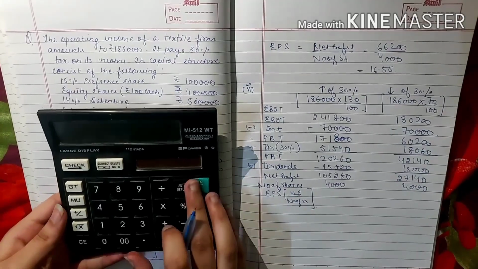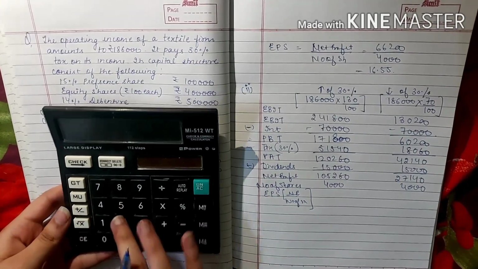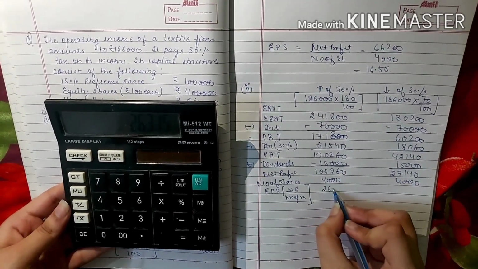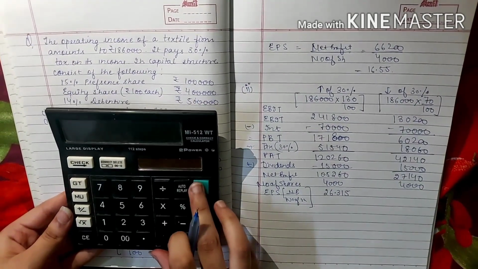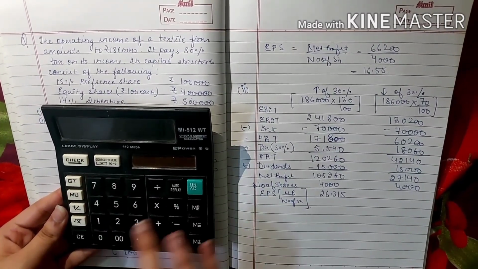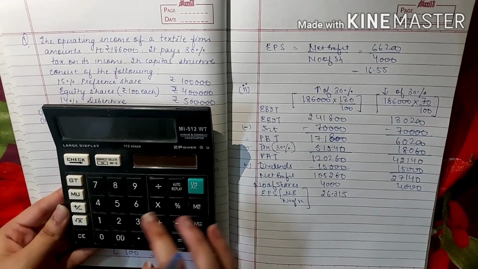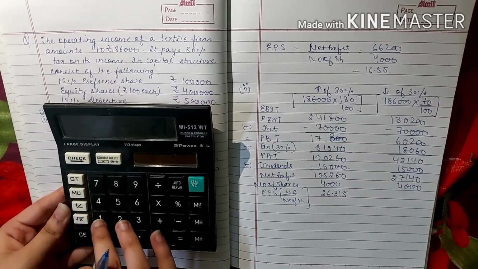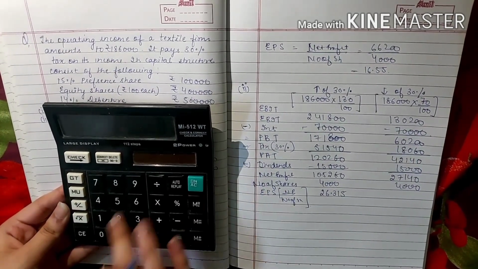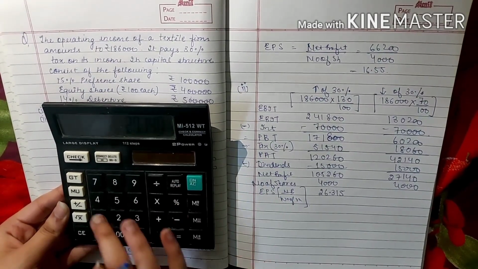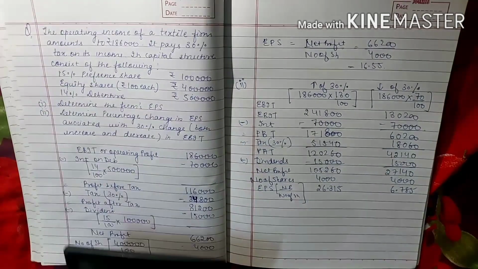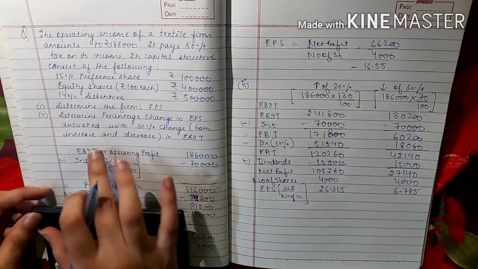So EPS in the first case will be 105,260 divided by 4,000, 26.315. And the second, it will be 27,140 divided by 4,000, 6.785.